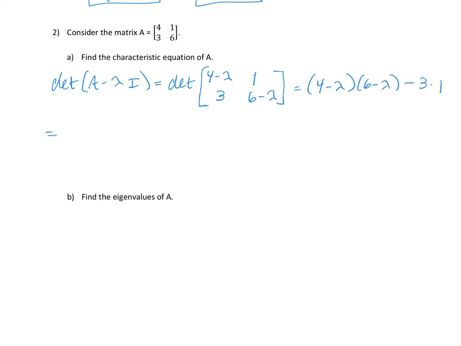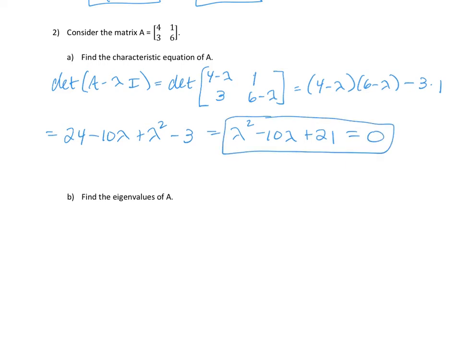And then FOIL it out. So we get 24 minus 4 lambda minus 6 lambda, which is minus 10 lambda, plus lambda squared minus 3. So lambda squared minus 10 lambda plus 21 equals 0. There is my characteristic equation.